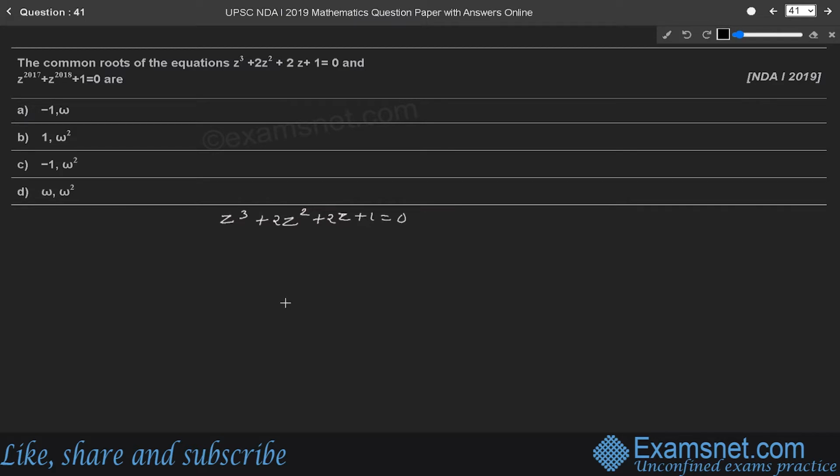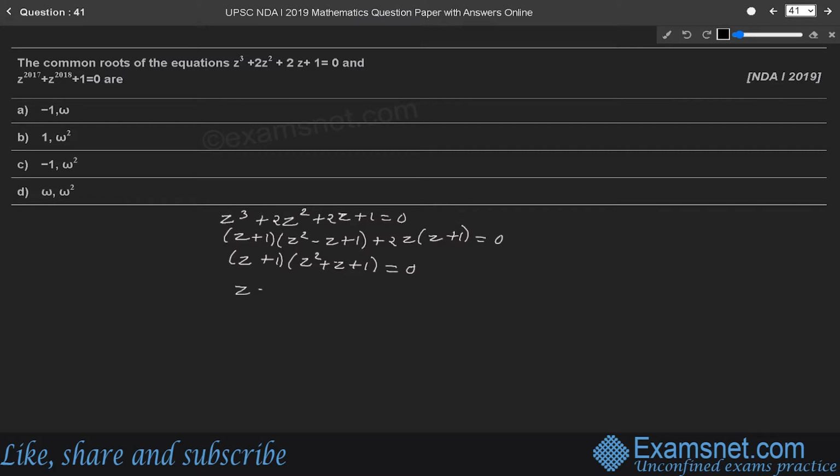It can be written as (z plus 1) into (z square minus z plus 1) plus 2z into (z plus 1) is equal to 0. Further it will be (z plus 1) into (z square plus z plus 1) is equal to 0.